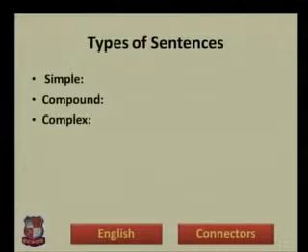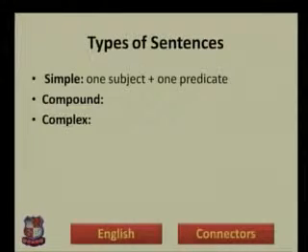These 3 types of sentences, as you can see on your screen, are simple sentence, compound sentence, and complex sentence. What is a simple sentence? A simple sentence means the sentence where there is one subject and one predicate. This is the simple definition of the simple sentence.